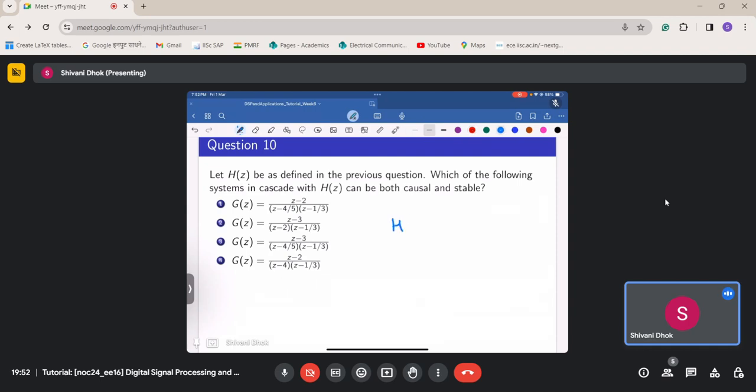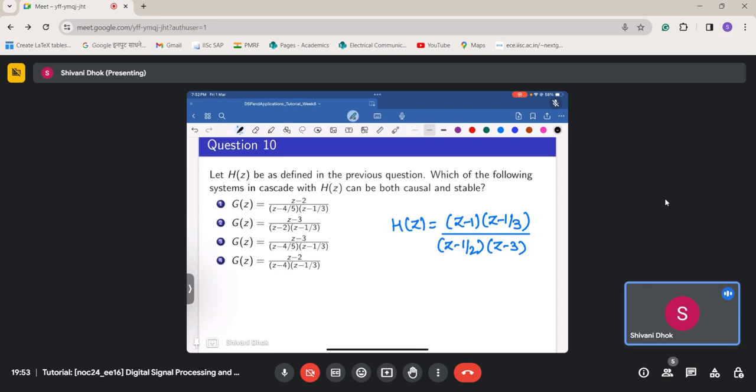H(z) is equal to (z - 1)(z - 1/3) upon (z - 1/2)(z - 3). Now the question is, which of the following systems in cascade with H(z) will be both causal and stable?